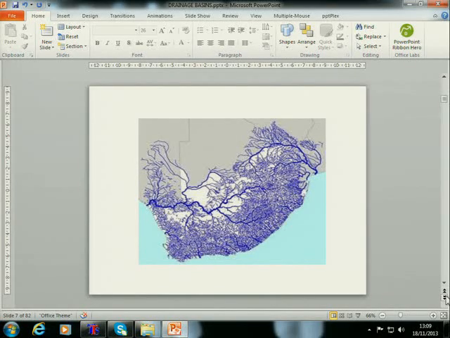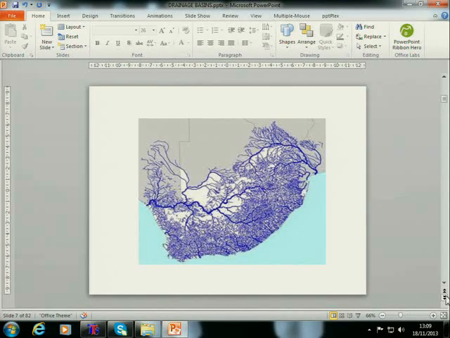And here I just want to point something out. You guys must remember that the rainfall or the precipitation that we do in the climatology can be connected to the drainage systems or the water systems in South Africa, because the amount of rainfall decreases from east to west.